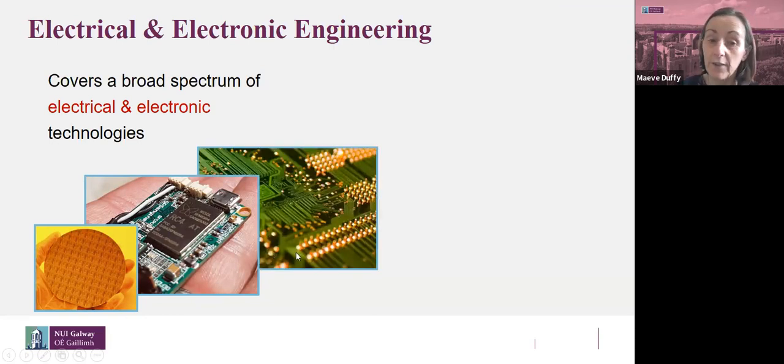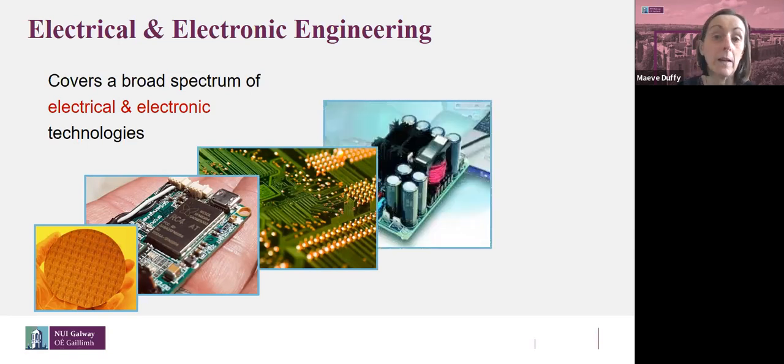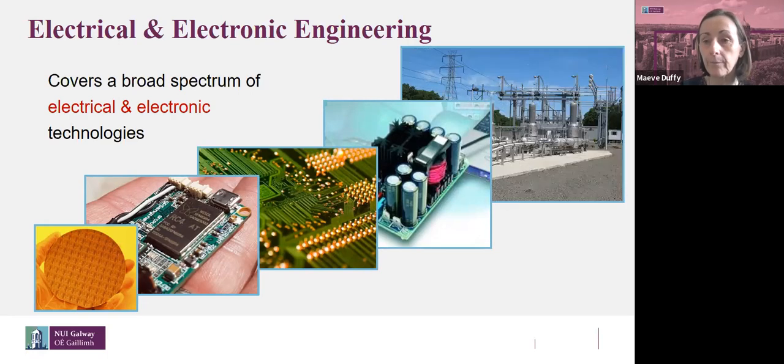There are a lot of communications technologies, so putting them into larger telecommunication systems, the infrastructure for that. A big area, of course, is power electronics, so processing of electrical power, whether that be converting the energy from the mains so that it can recharge the battery for your mobile phone, or delivering power efficiently from one side of the country to the other, using the design of the electrical distribution and transmission system.